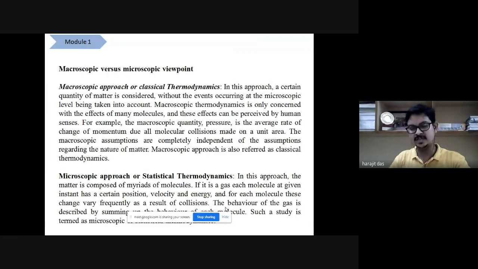Two approaches are used. Examples of the microscopic approach can be seen in highly rarefied gases, rocket technology, and spacecraft technology. In all of those, this microscopic approach or statistical thermodynamics is used.